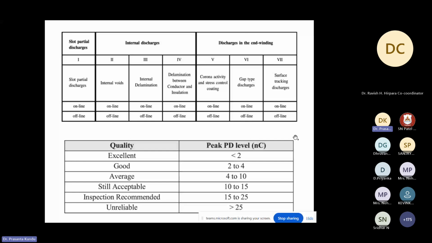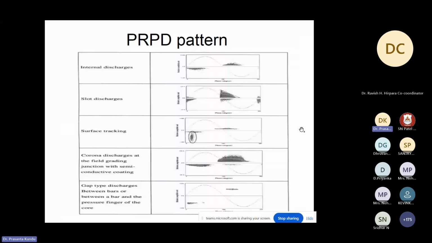PRPD patterns are also identified for rotating electrical machines, for internal discharges and slot discharges, in different cases. By using the PRPD pattern, or phase-resolved PD pattern, we can identify the partial discharges in the different cases: internal discharges, slot discharges, surface tracking, corona discharges, field grading.